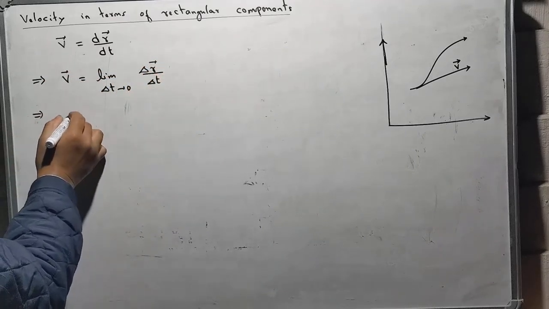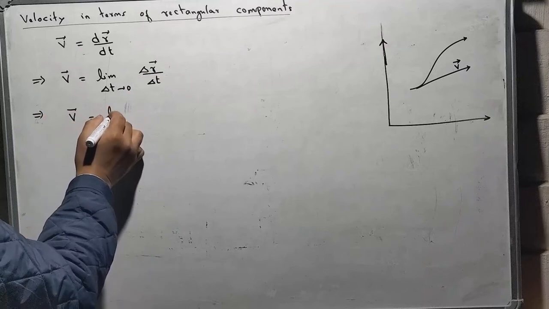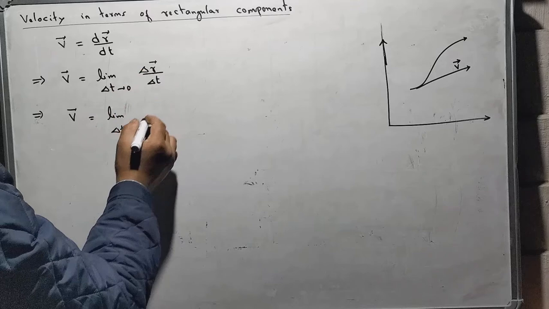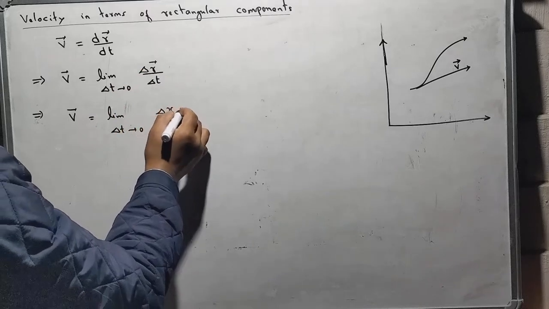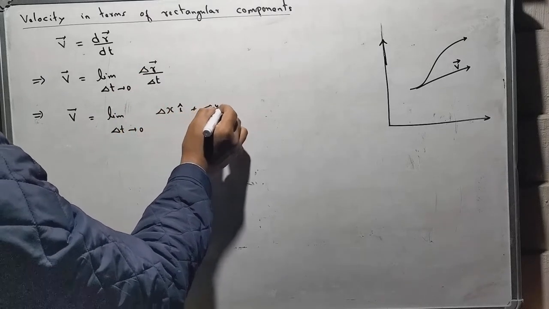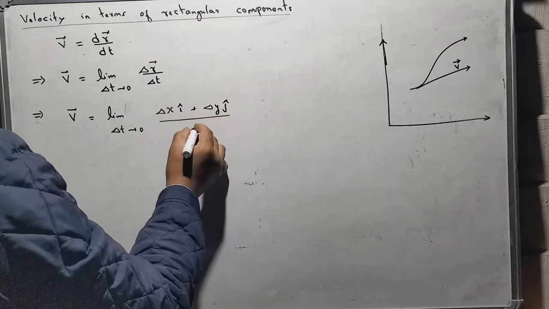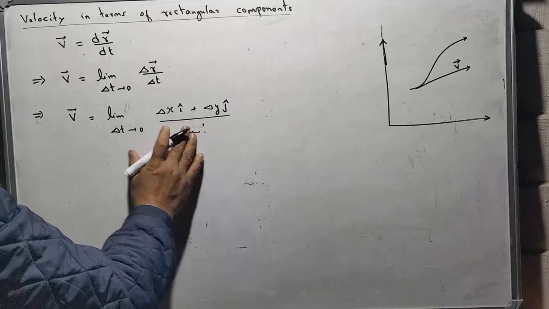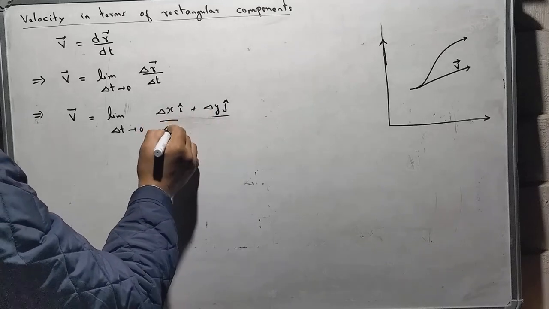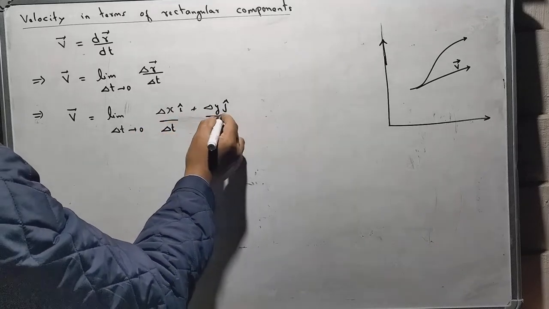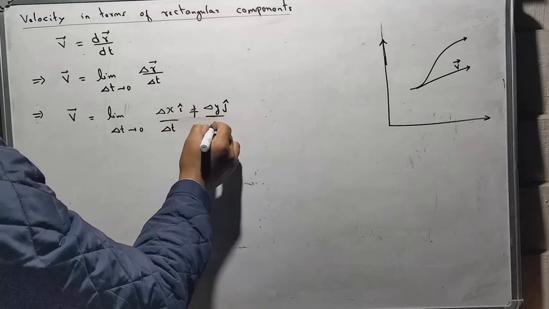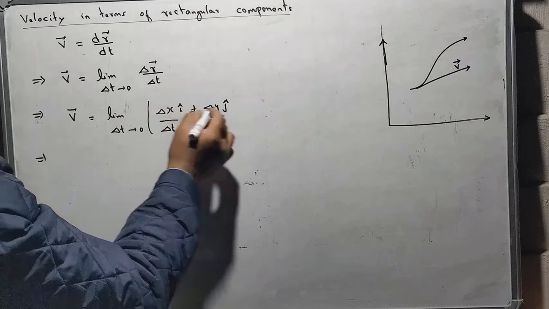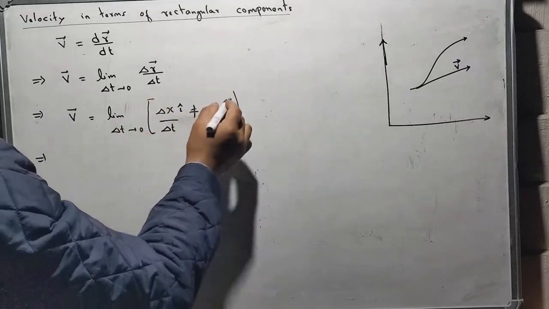In place of delta r, I will write delta x i cap plus delta y j cap, upon delta t. Now, if you split this by delta t, then you will get (delta x upon delta t i cap plus delta y upon delta t j cap). This is a bracket here.